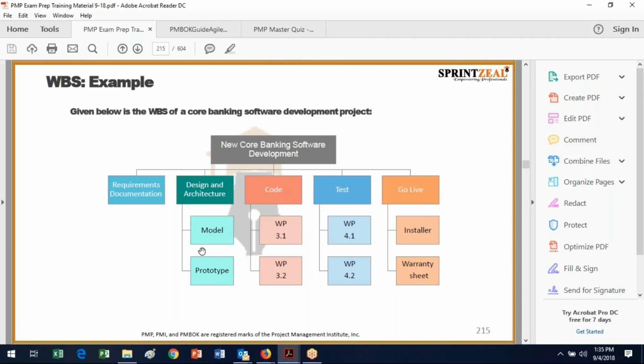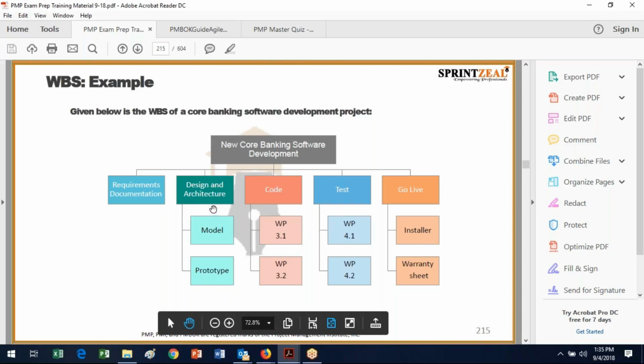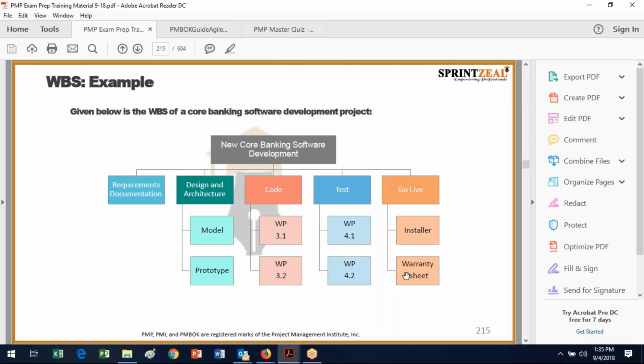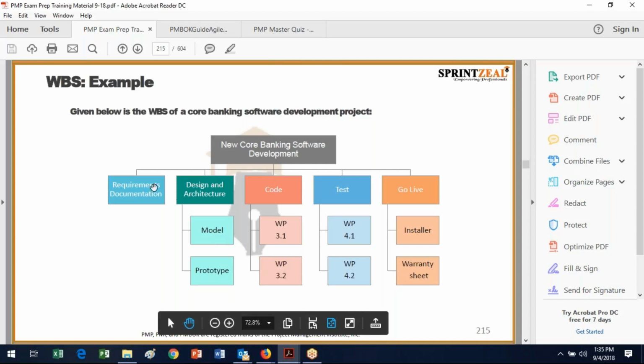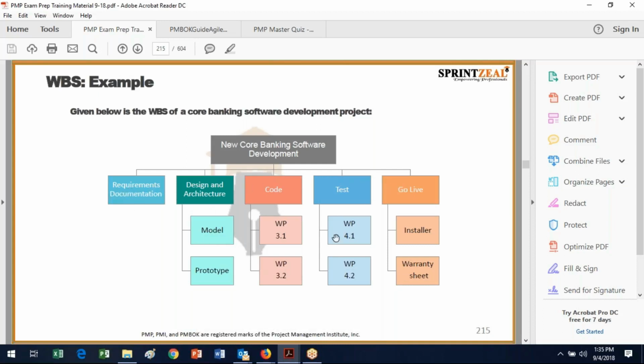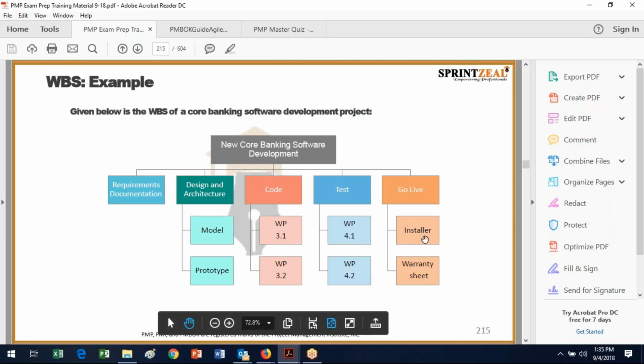And then each of these boxes is decomposed, designing into models and prototypes, coding into 2 different work packages, testing into two different work packages and then go live into installing a warranty sheet, say, for instance. And so, just as these 5 need to cover the waterfront, then this one and these 8 need to cover the waterfront in terms of the WBS breakdown.